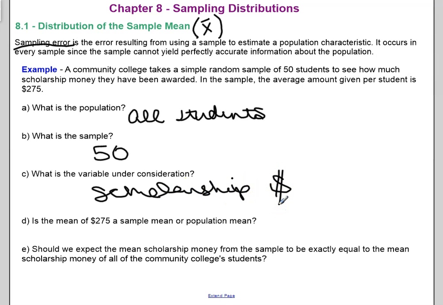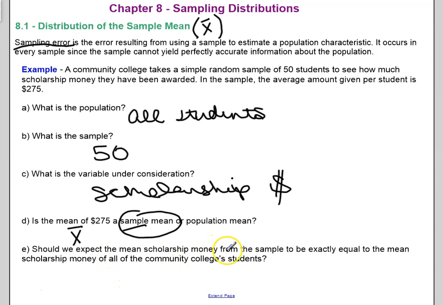Okay, so scholarship money is what we're looking for. And in our sample, 275 was the average amount given. So this would be a sample mean, right? Because it came from a sample. Because it's a sample mean, it would be labeled as x bar, instead of being labeled as mu.